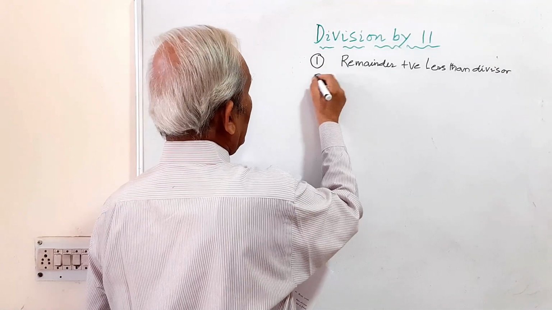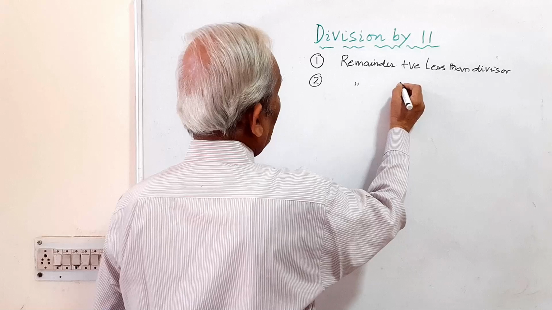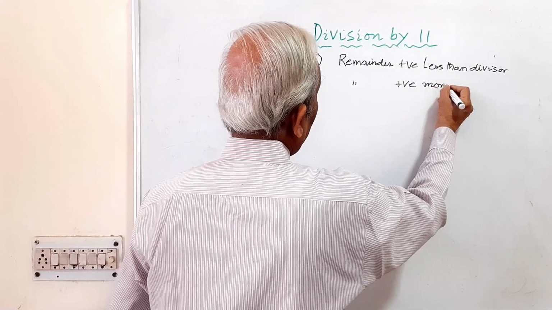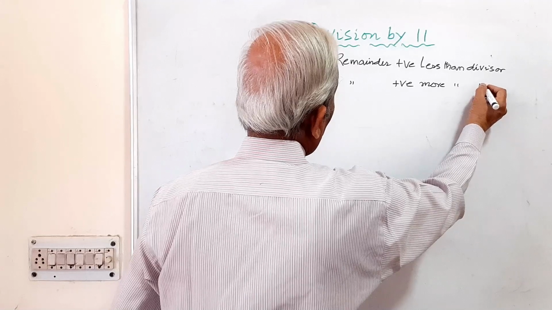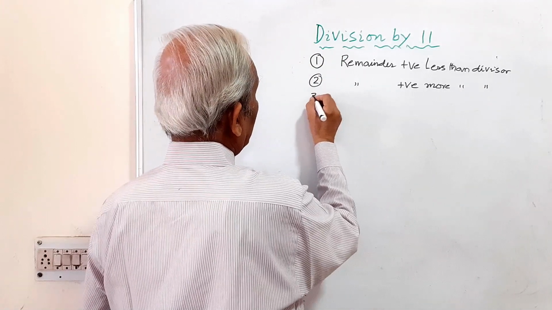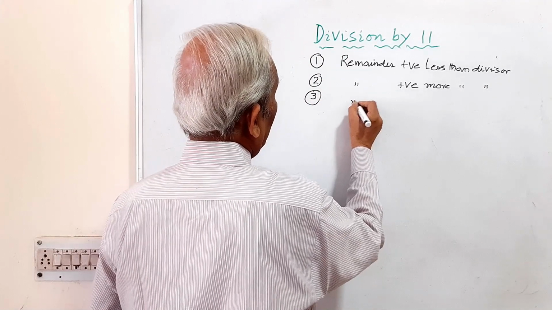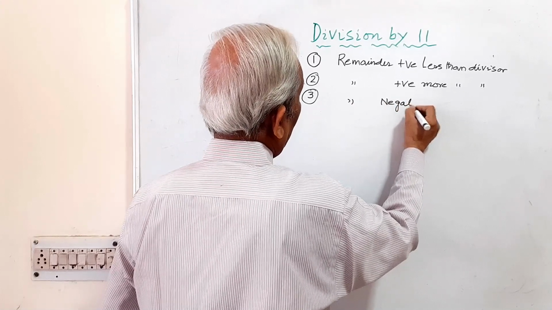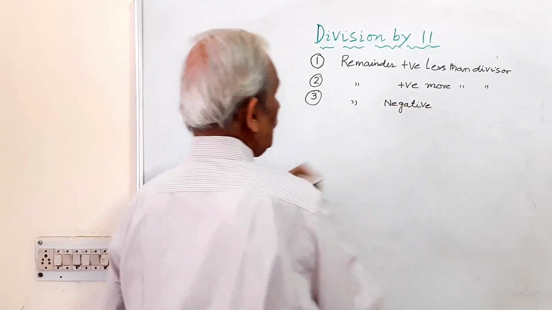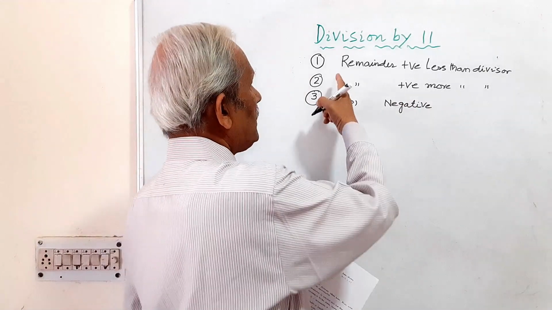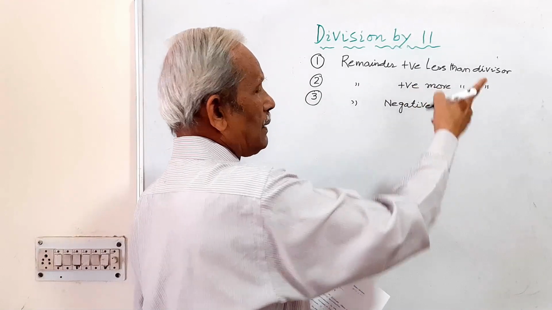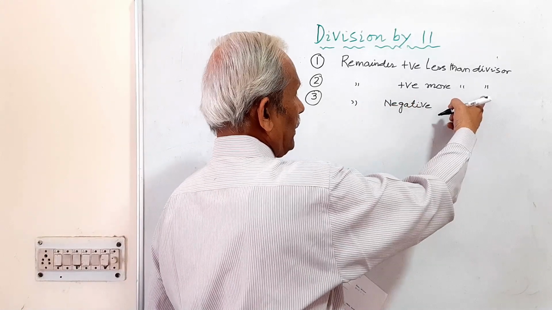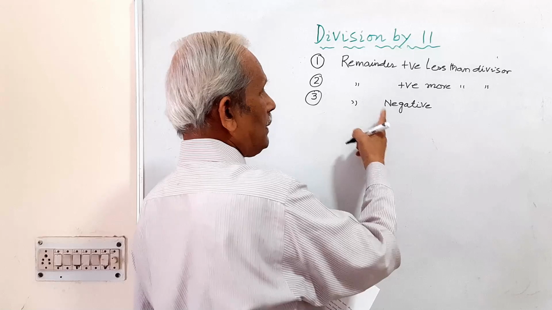Second case, remainder positive, more than divisor. And the third case is remainder negative. Now how to deal with these 3 cases? One is remainder is positive but it is less than divisor. Second is remainder is positive but it is more than divisor. And the third case is remainder is negative.